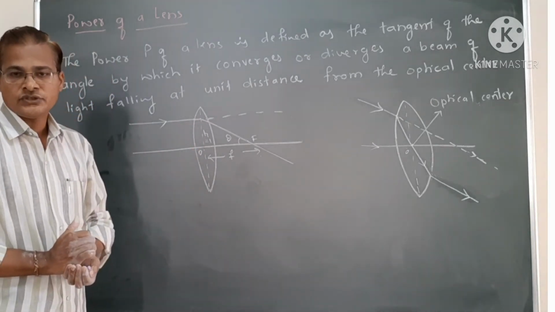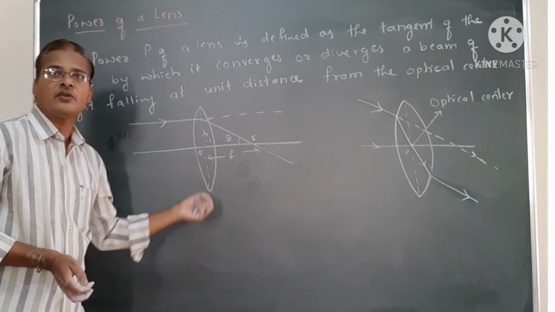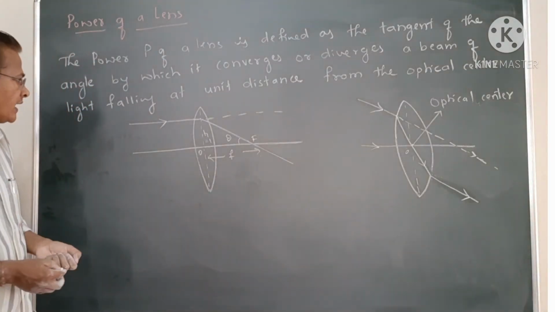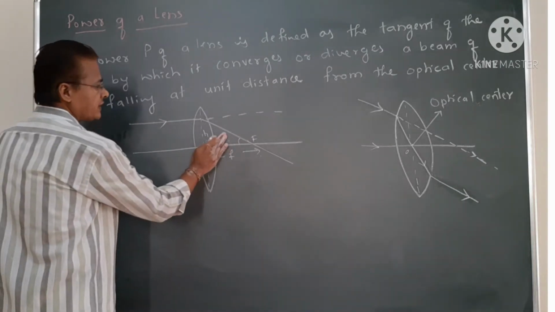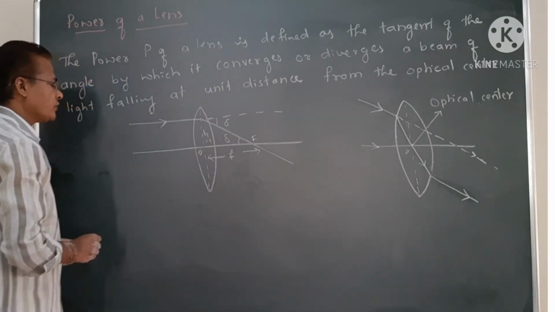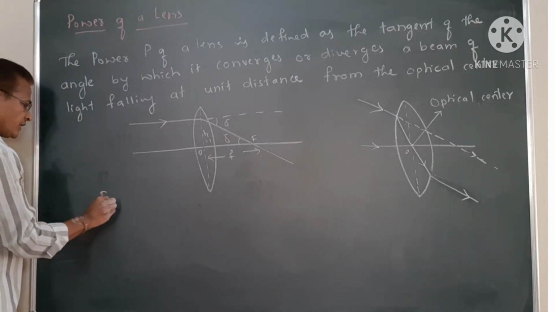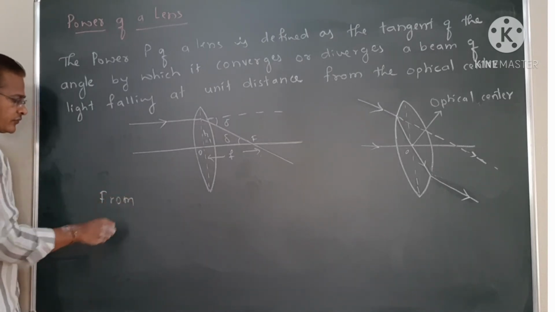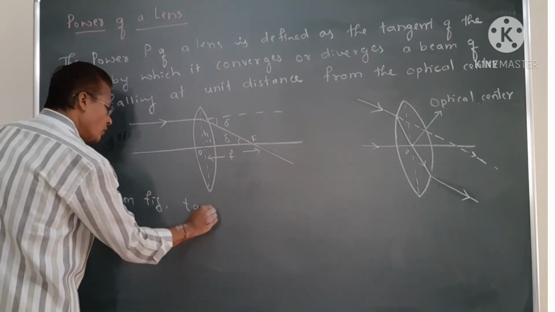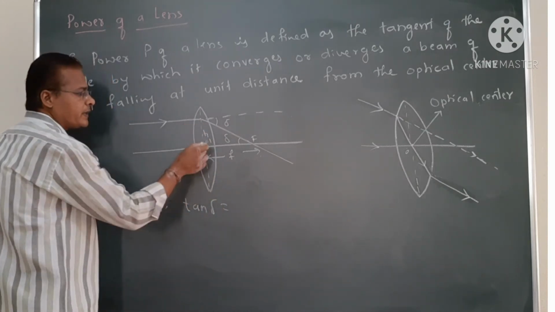As we know, this angle is theta, or in some places it is written as delta. Here they have taken delta. From the figure, tan delta equals opposite by adjacent.